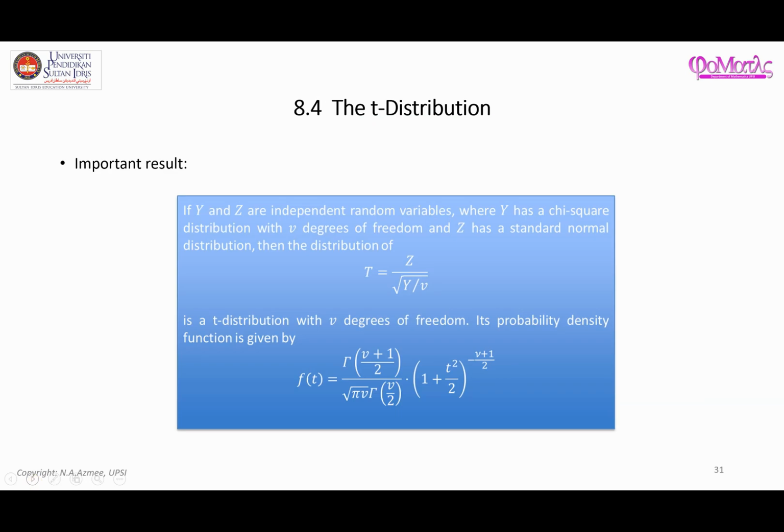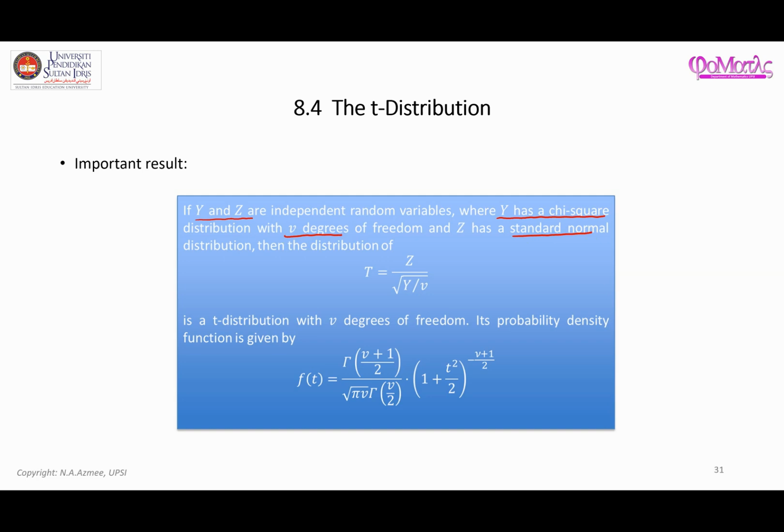Here is the important result, which relates two independent random variables. Here we've got Y and Z, they are independent, where Y has a chi-square distribution with v degrees of freedom, and Z is a standard normal random variable.